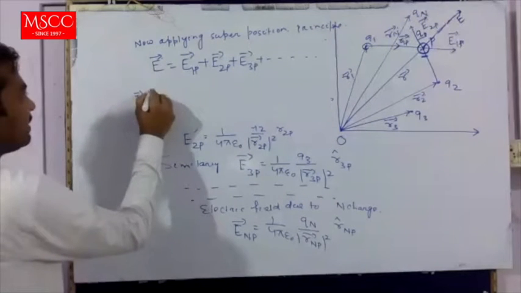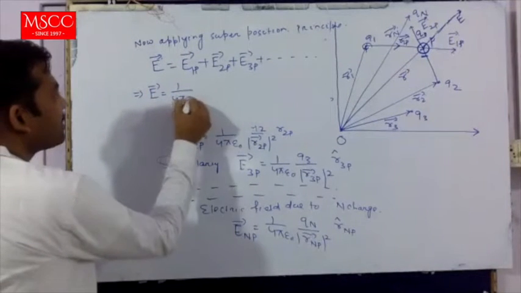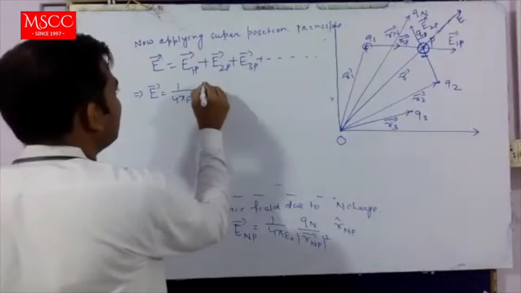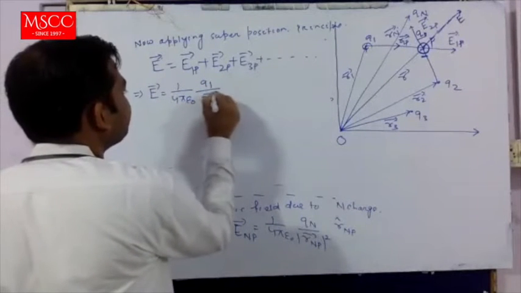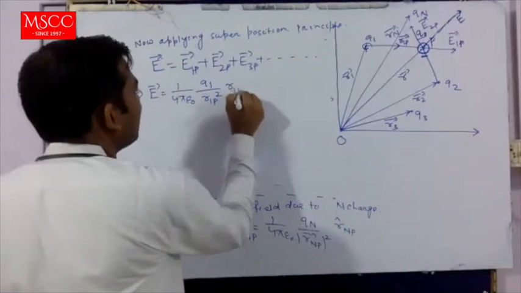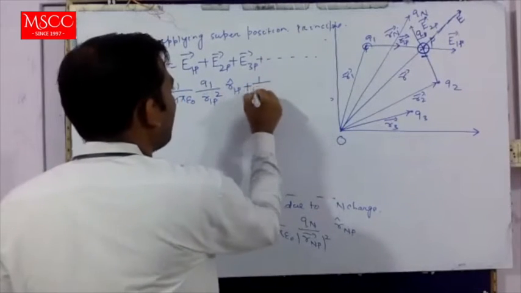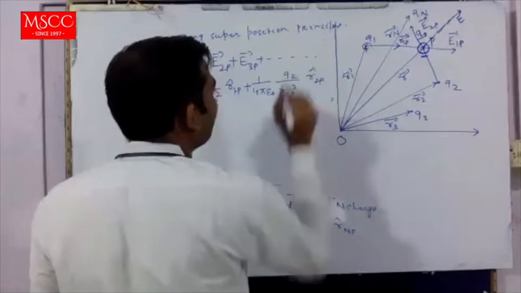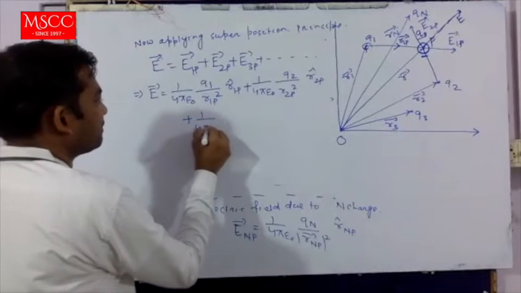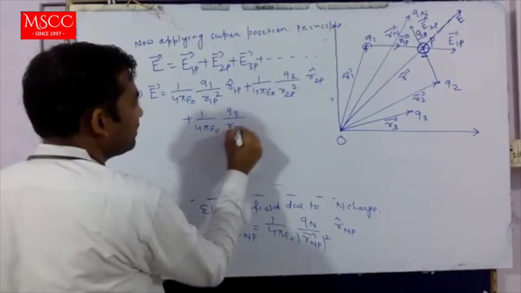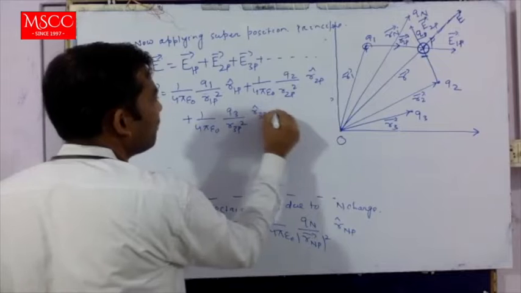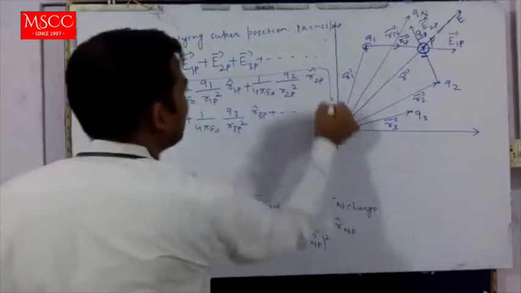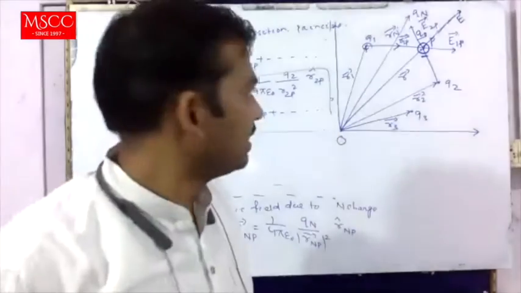That implies E equals 1 by 4 pi epsilon 0 Q1 by R1P square R1P cap, plus 1 by 4 pi epsilon 0 Q2 by R2P square R2P cap, plus Q3 by R3P square R3P cap, plus and so on.